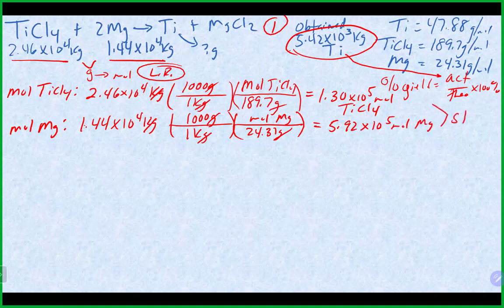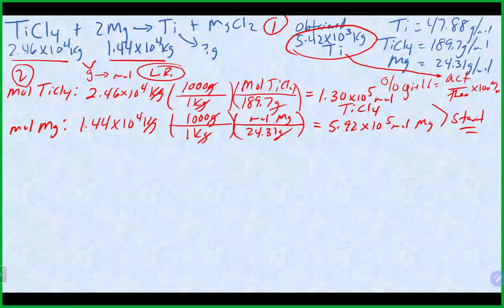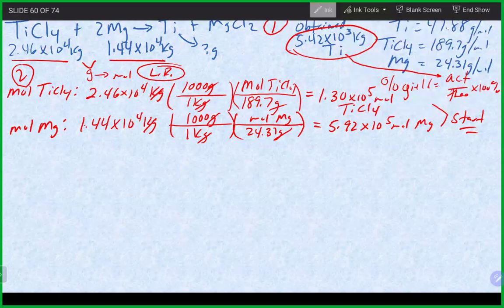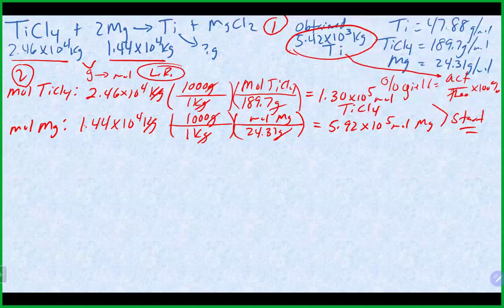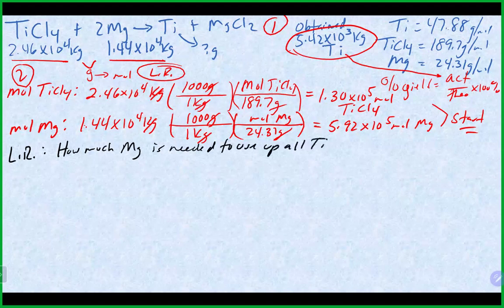This once again is really our starting amount of each of our reactants. So now that we have it in moles, which is really our second step, we can now do our limiting reagent calculation here. In this case, I'm going to figure out how much magnesium is needed to use up all the TiCl4.